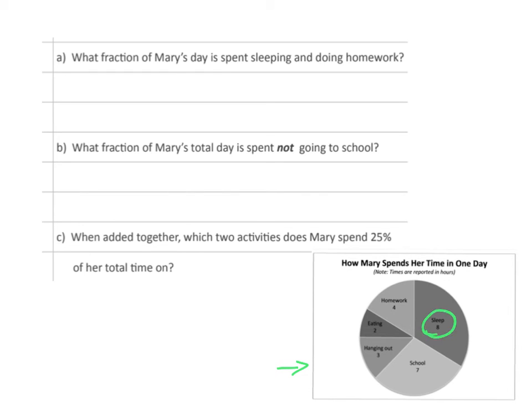So sleeping is 8 and doing homework is 4. So 4 plus 8 gives me 12. That's 12 out of 24. I want it simplified. I'm going to divide by 12. That gives me 1/2 of her day is spent sleeping and doing homework.